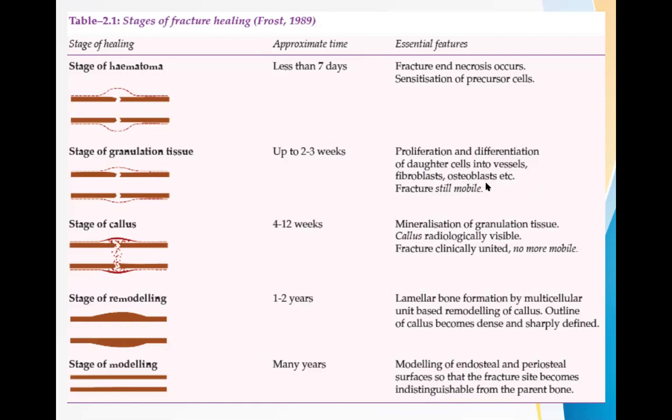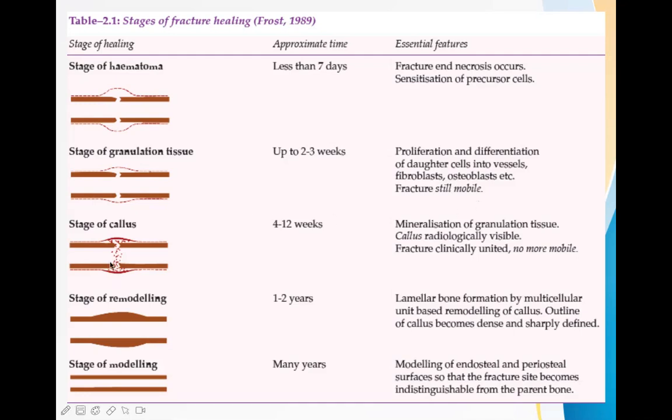These osteoblasts are very rich in alkaline phosphatase enzyme. Please remember these words which I am mentioning here, because these are very important from the exam point of view. In the stage of granulation tissue, the fracture is still mobile.